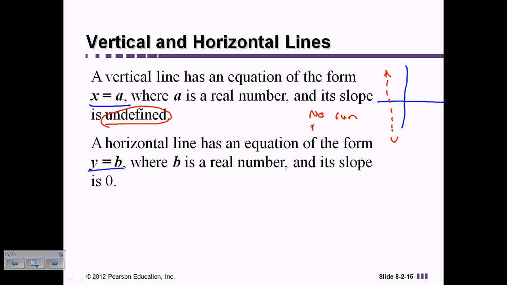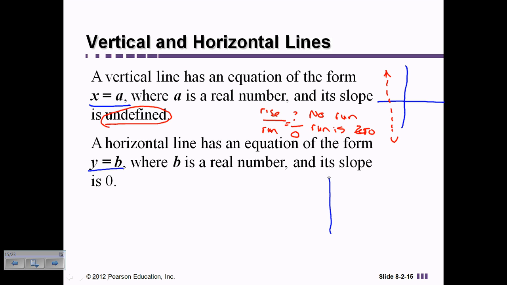Or another way of looking at it, the run is 0. So if I try to say rise over run, I'm going to be trying to say some number, it doesn't matter what, over 0. And you can't divide by 0. So the slope is undefined for a vertical line.